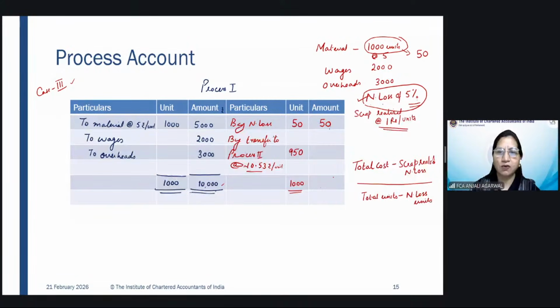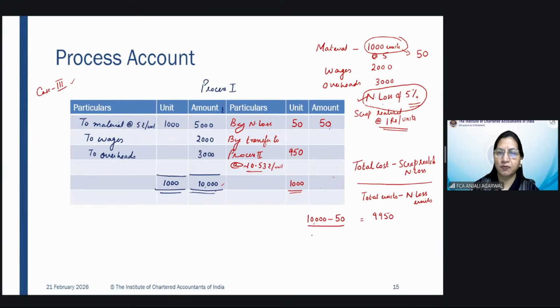So what is the cost to be borne? Again, the fundamental principle: total cost. Total cost is 10,000. From that, you have recovered a very nominal amount of 50, so your cost is now reduced to 9,950.